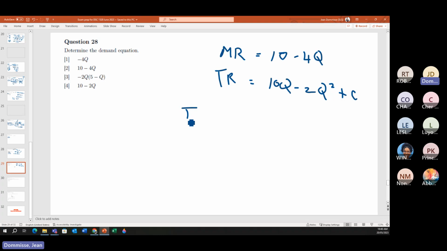Okay, so remember, total revenue is equal to price times Q. So we've got the total revenue of, and we just divide by Q.